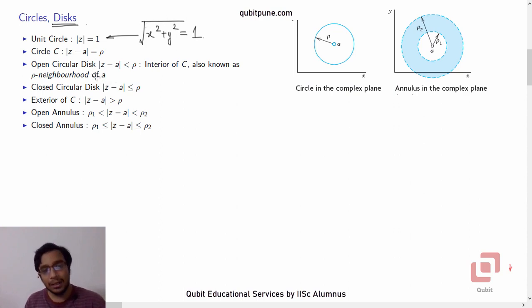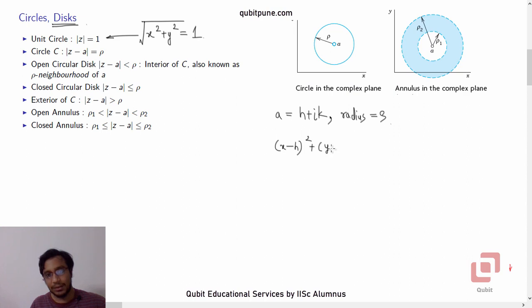Then if we use the center radius form of the circle in the complex plane, and if we let the complex number a have the real part h and imaginary part k, and the radius of the circle that we want is rho, then in the Cartesian plane the equation is x minus h squared plus y minus k squared equal to rho squared, the radius squared.